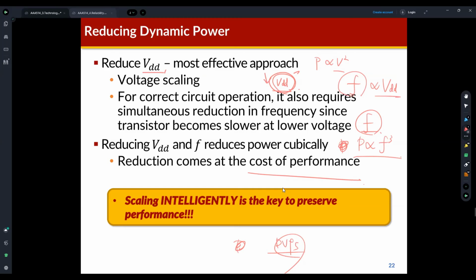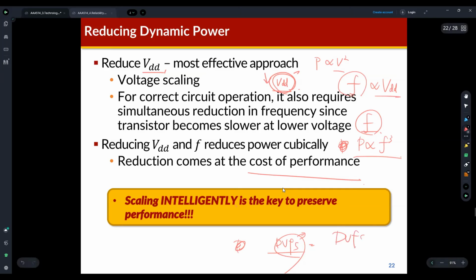Based on the required performance level, the supply voltage and the working frequency are dynamically changed. This technique is called DVFS. If we can adjust the supply voltage and the frequency intelligently, then we can reduce the dynamic power consumption.